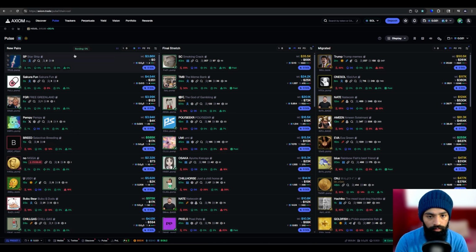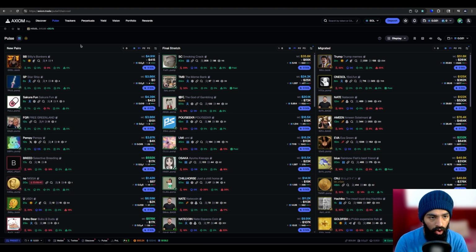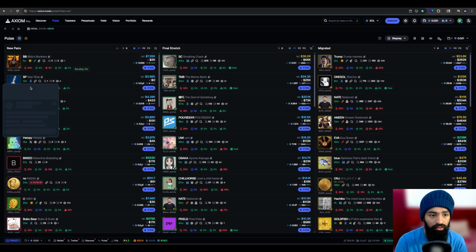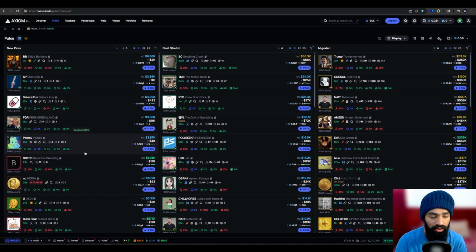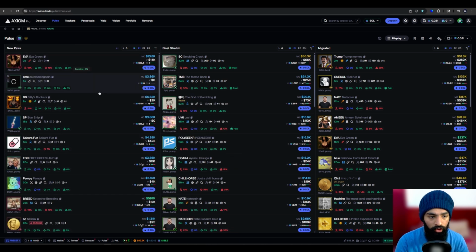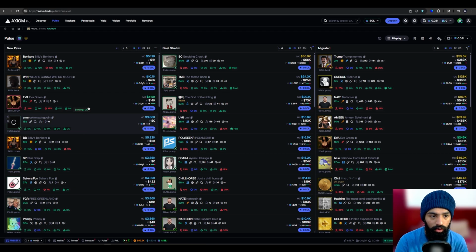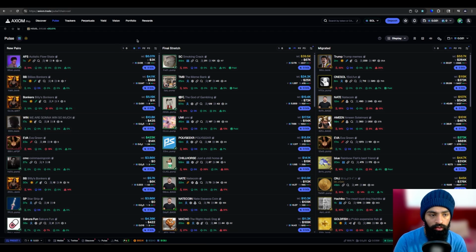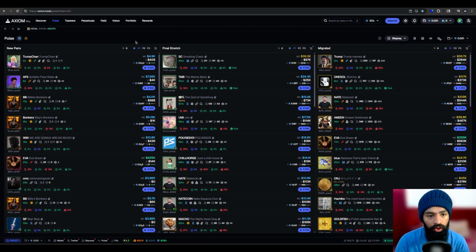New Pairs is every single new coin that is being created. New coins are created very often. You can see a new coin is being created every few seconds: 4 seconds, 12 seconds, 14, 17, right? That is a lot of stuff to keep track of, because you can't look into every meme coin when they're being created just seconds after the last one. So usually you do not want to mess with new pairs because they are very high risk.